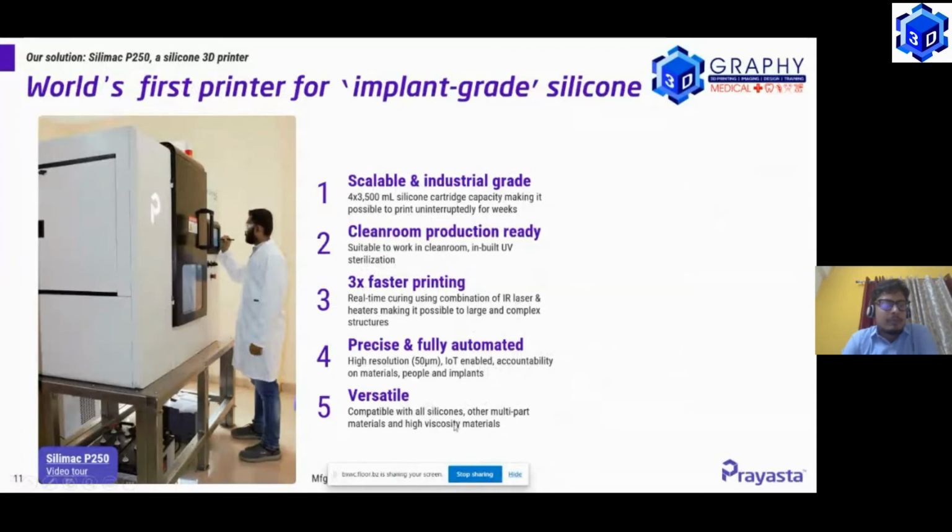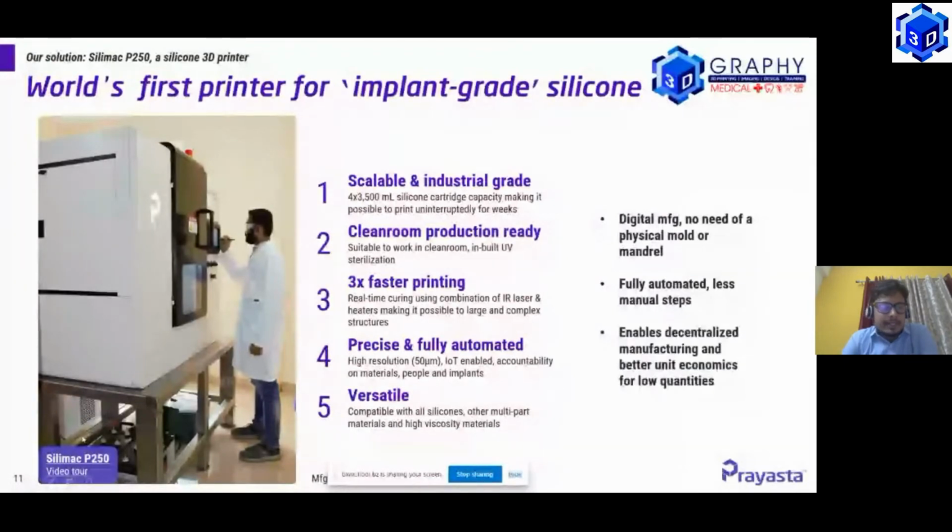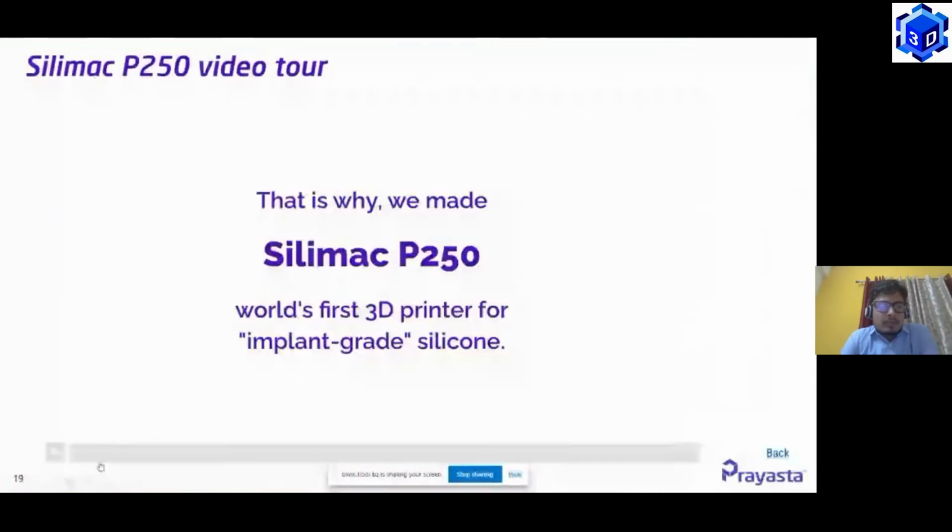Though the machine was originally designed for implant grade silicone, it can do any other elastomer as well, including hydrogels when you are ready to do it at scale. So it is a completely digital manufacturing method, no need of any physical mold or mandrel, a fully automated process, and it enables full decentralization of what we do.